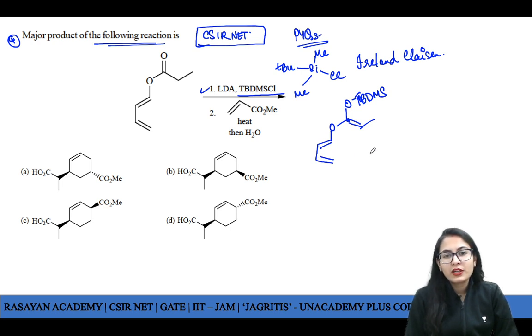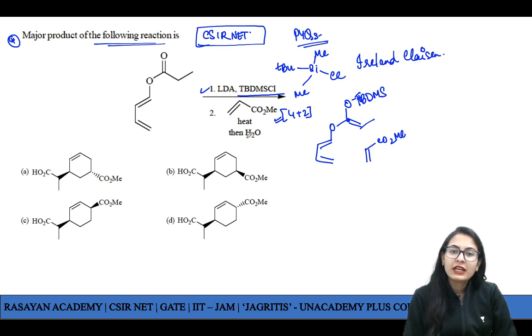Hence, first of all, you are going to do heating with this, that is your CO2Me. This is a dienophile actually. You are first of all going to do 4+2 cycloaddition, and followed by that you carry out the 3,3 sigmatropic. And be very attentive while doing the stereochemistry.